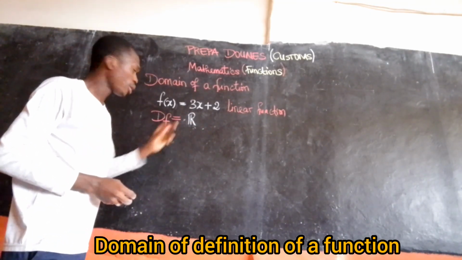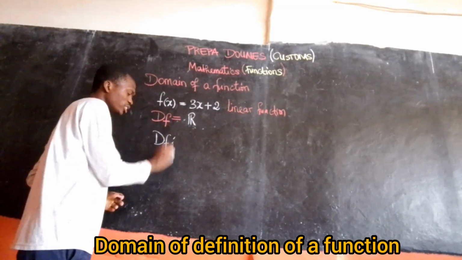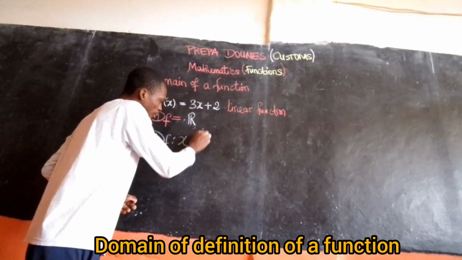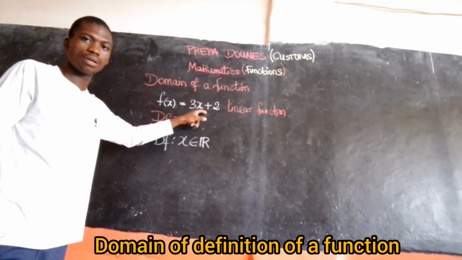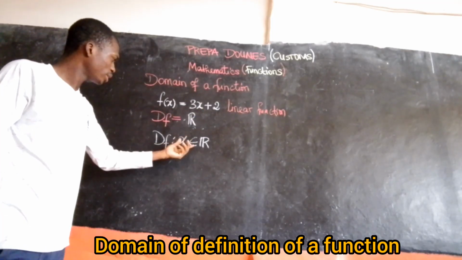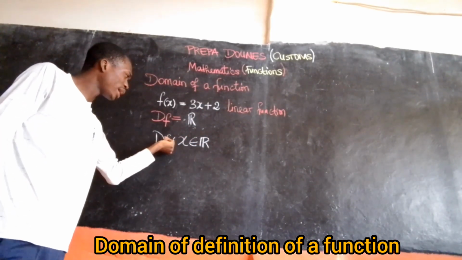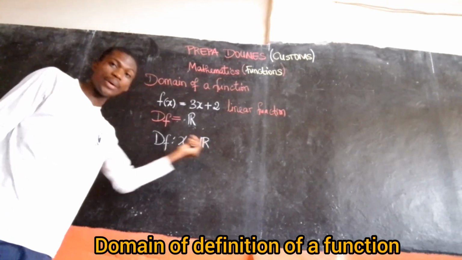This represents real numbers. So the domain of f is such that x is a real number. Any real number will satisfy this situation. So this is how we can write a domain. The domain is such that x is an element of the set of real numbers.